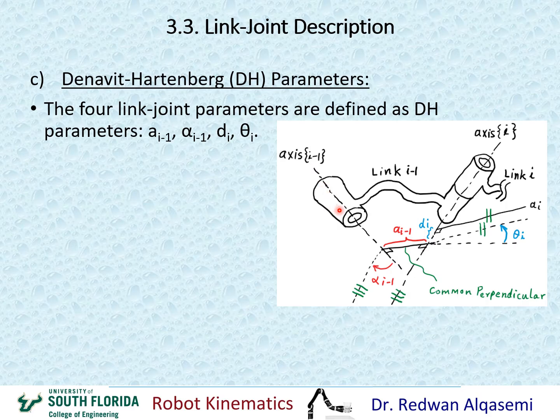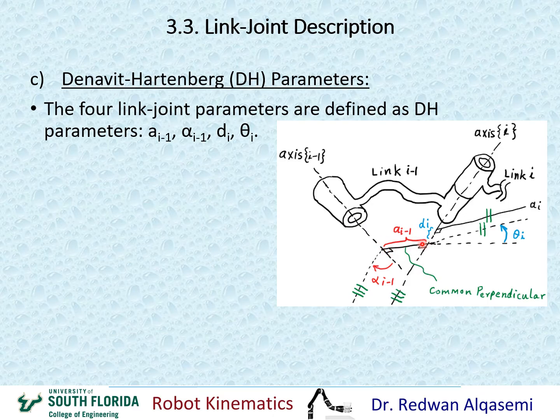Now, if we take axis i-1 and axis i and try to find a common perpendicular, there will be at least one unique line that would be perpendicular to both axis i and axis i-1.